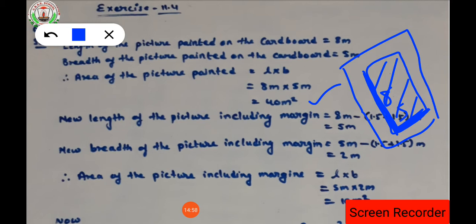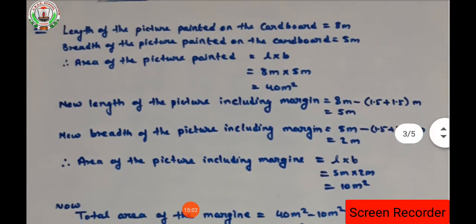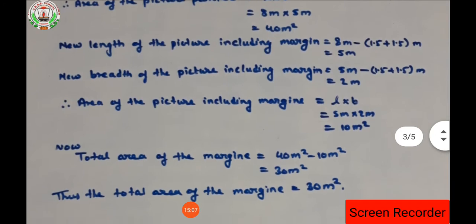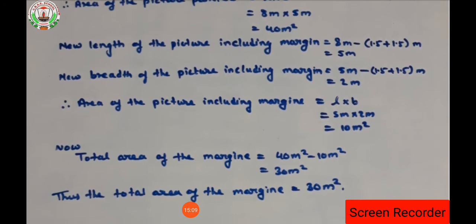on the cardboard. Now after finding the area of the picture painted on the cardboard, 40 meter square, we have to see that a margin is drawn. Suppose this is the picture painted.